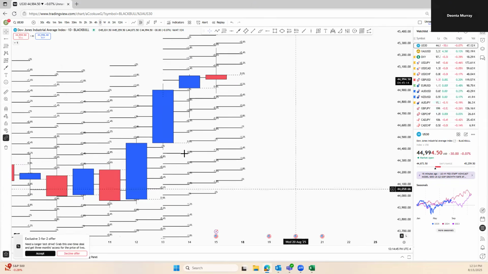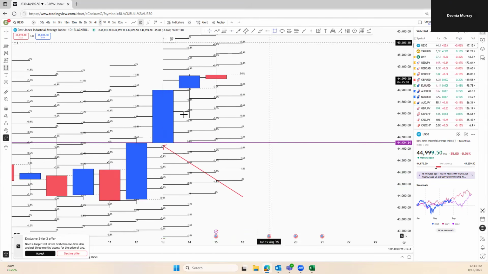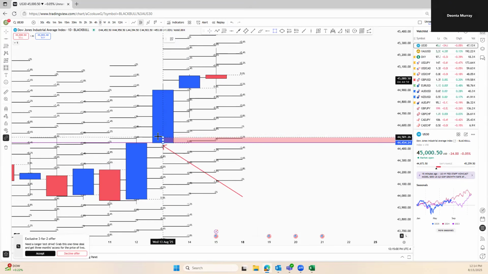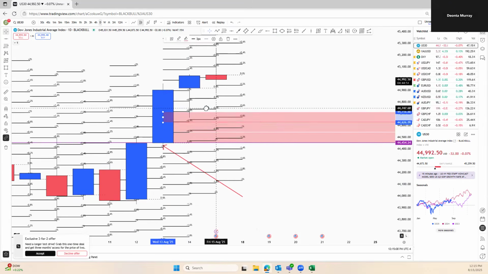Boom. So now looking at that same daily candlestick that we were looking at, we can now see that here is the opening price. Boom. And now we see that in between that range is 2%. Then we got 4%. Then we got 5%.